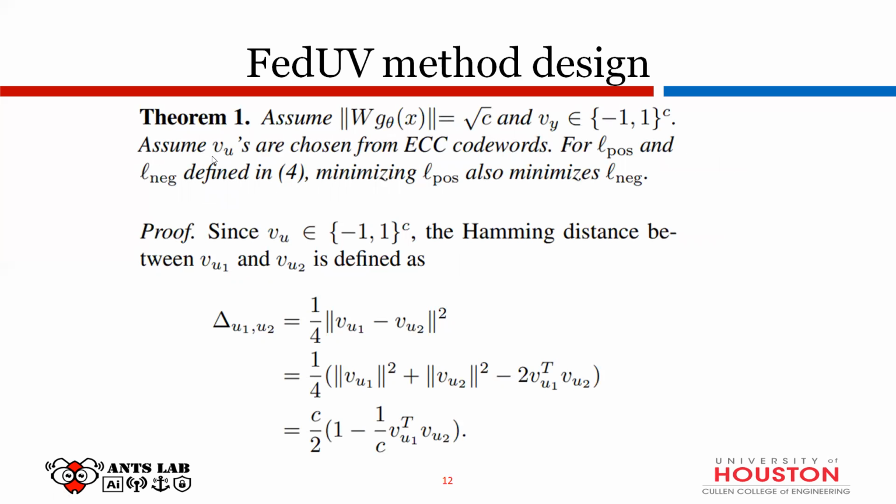So this is another theorem, which is the last one, by the way. Again, we assume that the secret embedding has norm root C, and Vy, the secret vector, is formed this way. If we assume that those secret vectors of user U are chosen from the ECC code words, meaning the vectors we just talked about are drawn from the ECC code words we just mentioned on the last page.